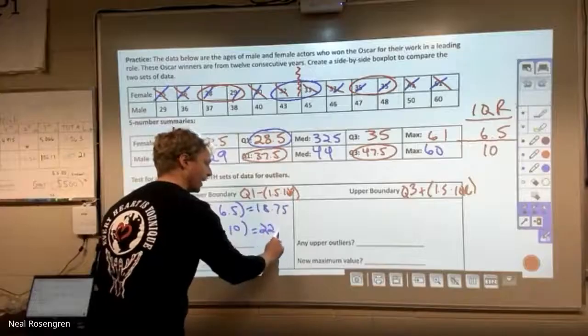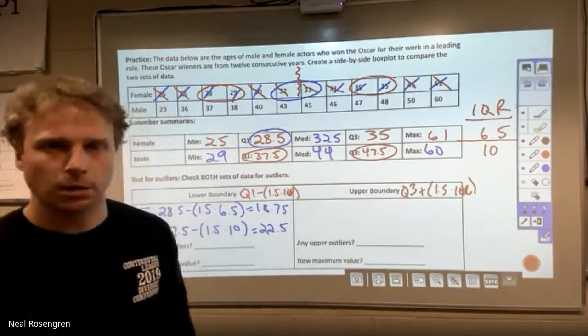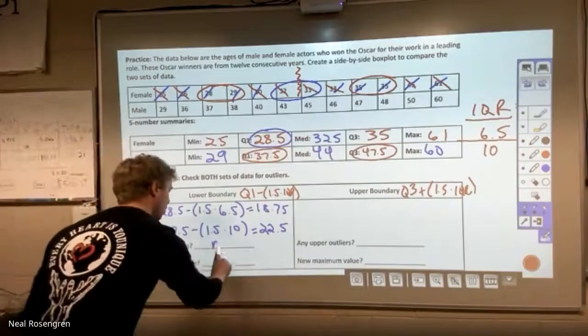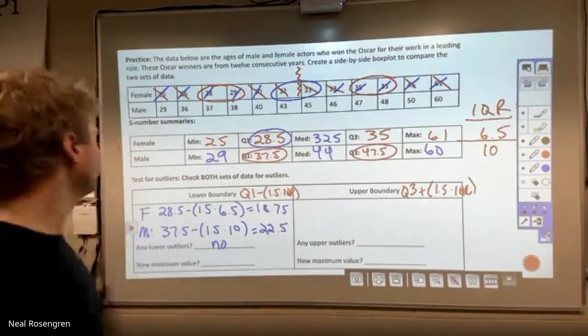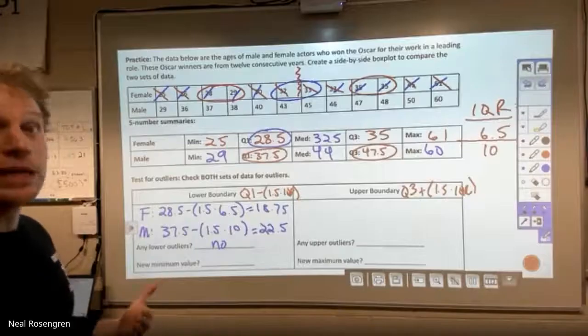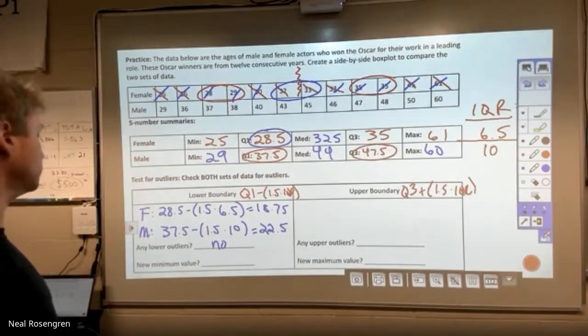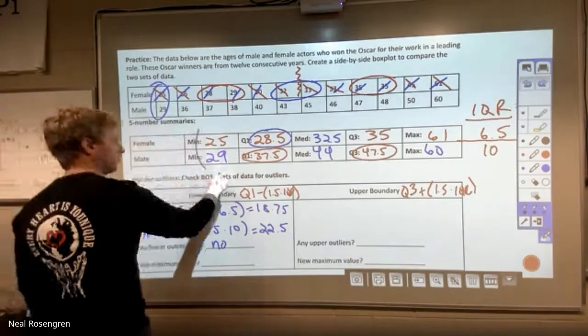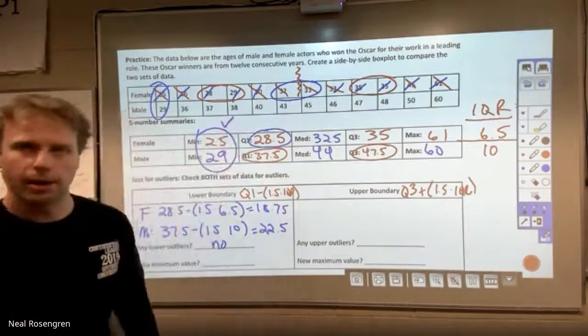Okay. Do we have any male actors that are younger than that on our list? No. So we're good. So no outliers for either group. Cool. Nice. So our minimums are exactly what they were right here and here. I feel really good about using those.